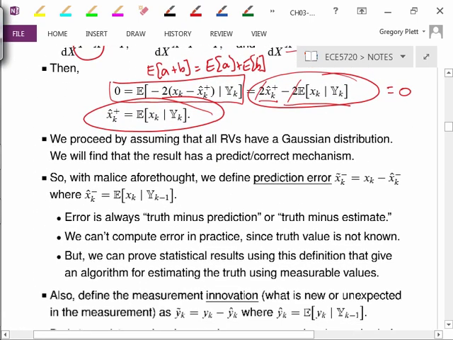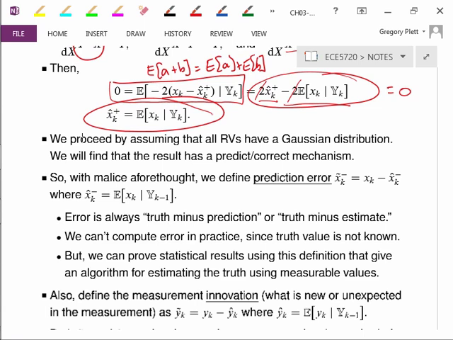So we pause for a second. We're doing the general probabilistic inference solution. We defined a cost function which hopefully made some sense. We're minimizing some squared error. And the answer to that is that the best guess, the best estimate of the state to solve that cost function is the expected value of the true state given the sequence of measurements that I have taken up until this point in time.